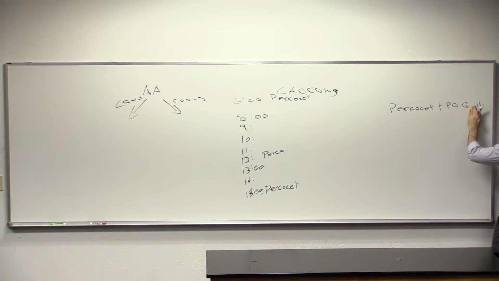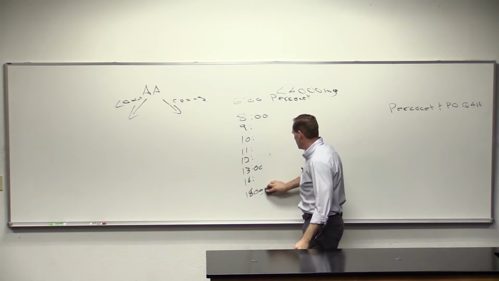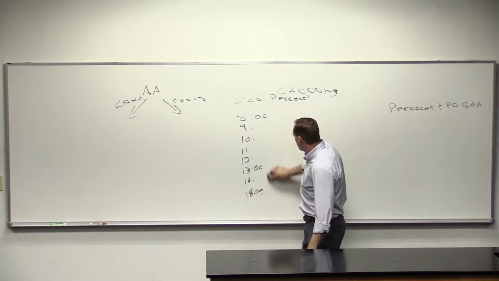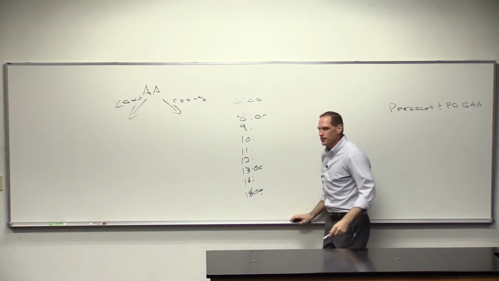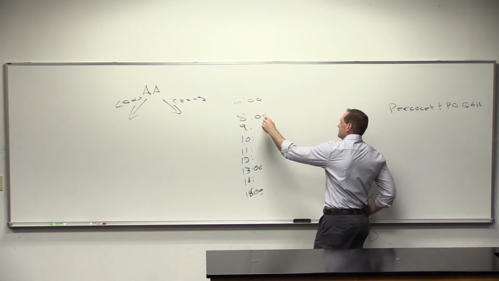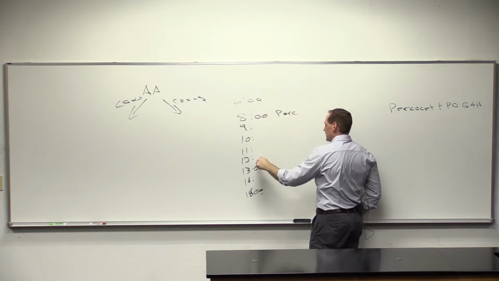Are you sure? All right, so for Q 4 hours, we got to redo this one. So we're going to start it at 800. They're getting their Percocet again.